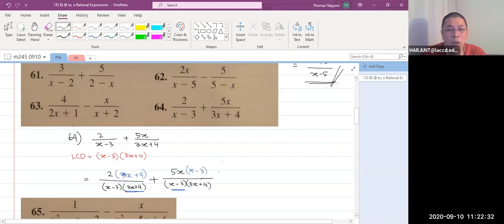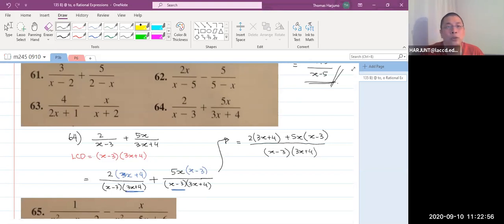Continue here. That's equal to, they have the LCD already. Let me put them together: 2 times (3x plus 4) plus 5x times (x minus 3) over (x minus 3)(3x plus 4).